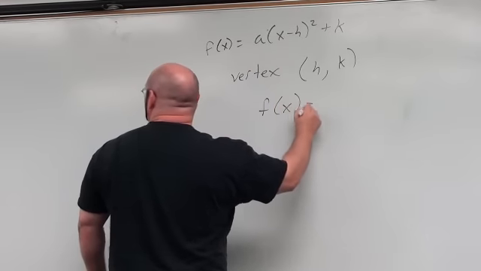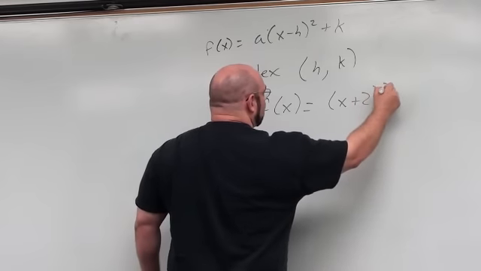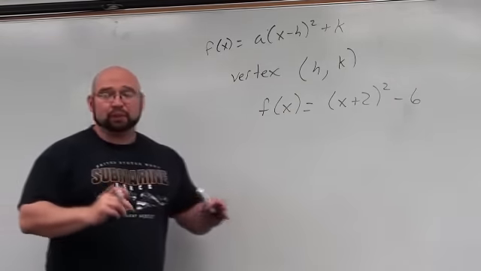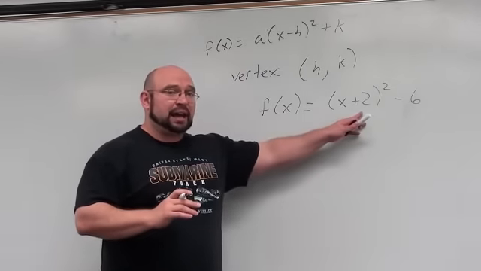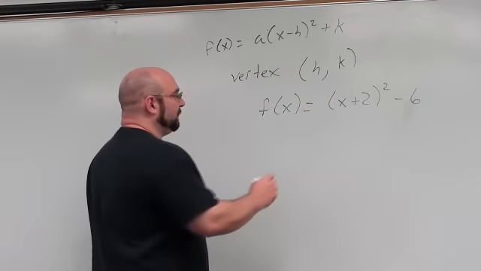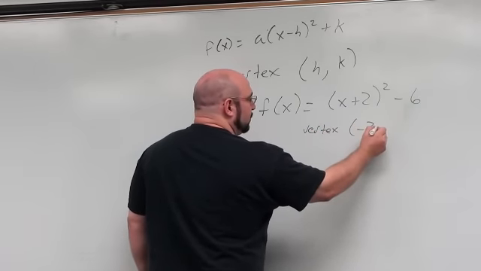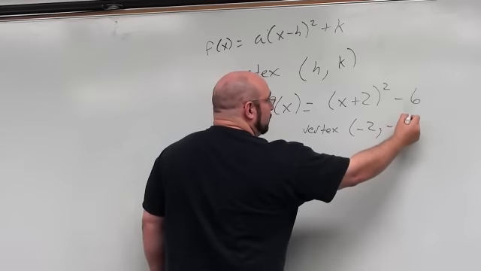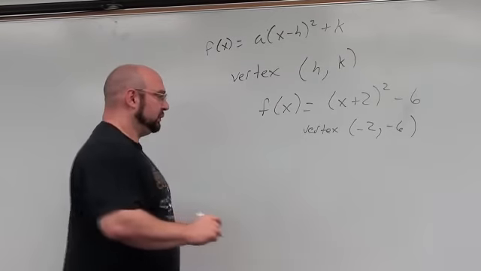f(x) = (x + 2)^2 - 6. If I'm looking at this and I want to put a vertex down, I look in with the x. I remember with the x, it's a liar, so we go opposite. I know my vertex is going to be -2, and with the k, I go with it, -6.